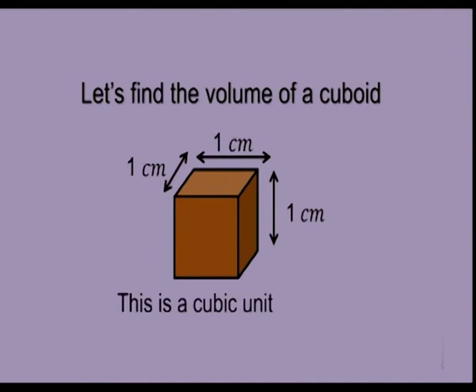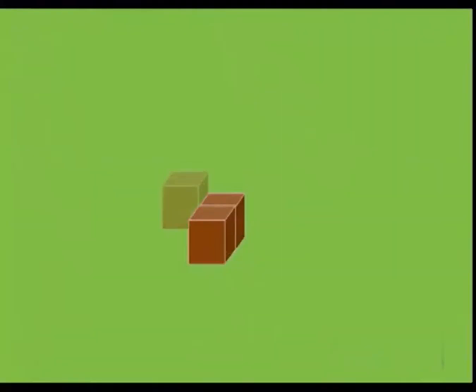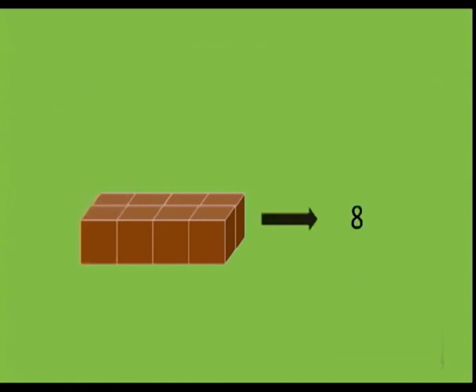In my cuboid, there are 3 layers and each layer has 8 cubic units. Okay, children, let's develop the cuboid. This is the first layer. Let's count the cubes. 1, 2, 3, 4, 5, 6, 7, 8. There are 8 cubic units in the first layer.